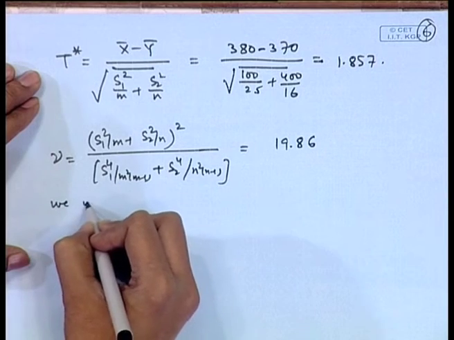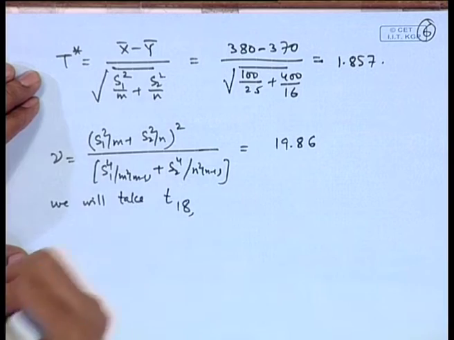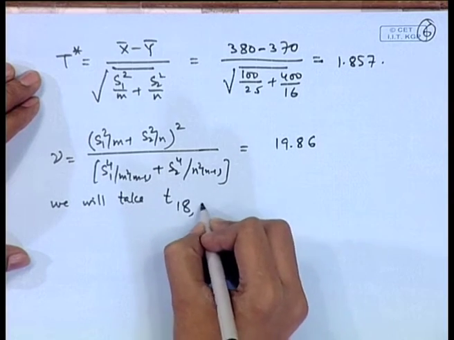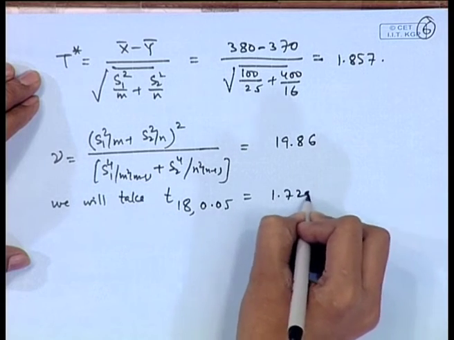So, we will take T 18. For example, at 0.05 level this value is 1.729.